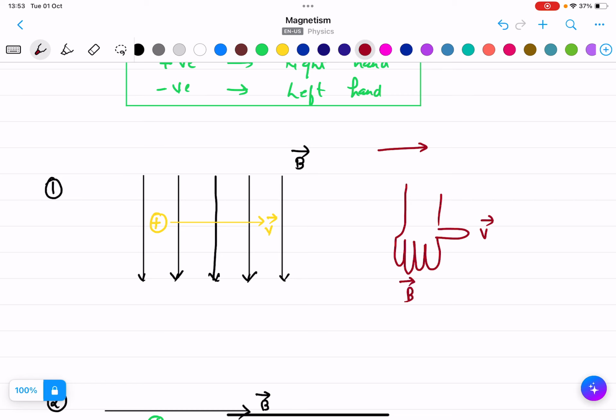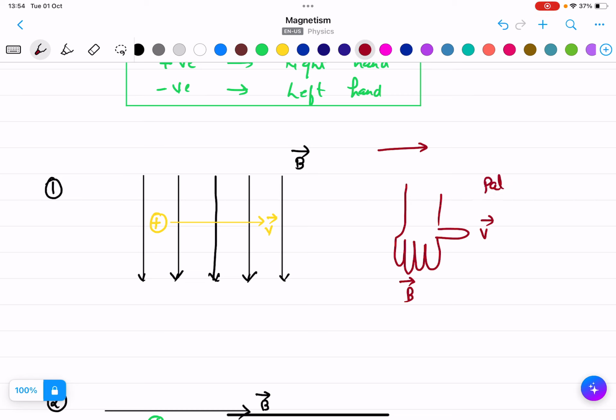So if I place my hand like this, this is velocity, this is my magnetic field. Please place your right hand like this, in which fingers will be downwards, and thumb will be in right direction. So where will be your palm? Your palm will not face upwards. Your palm will face inwards.